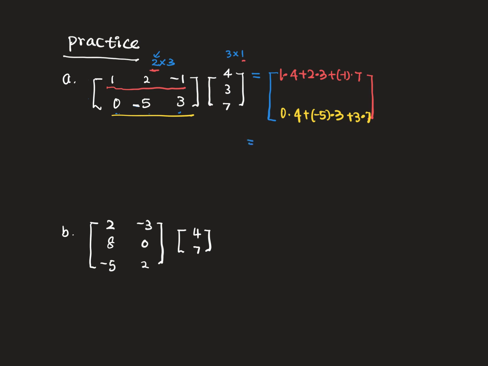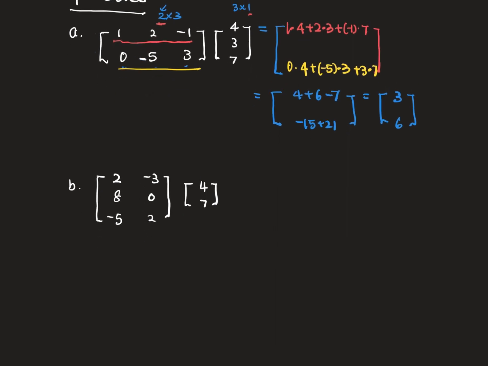So you have 4 plus 6 minus 7. The second row is going to be negative 15 plus 21. So the answer is going to be 3, and here is 6. That's how you find it, guys, okay?